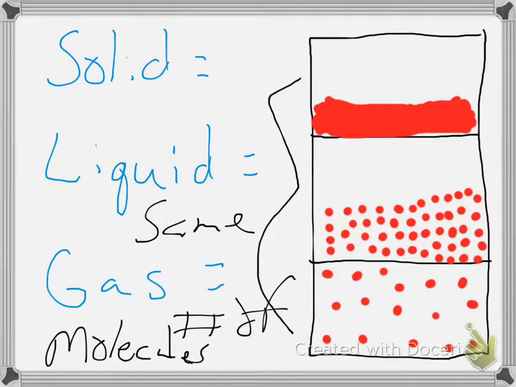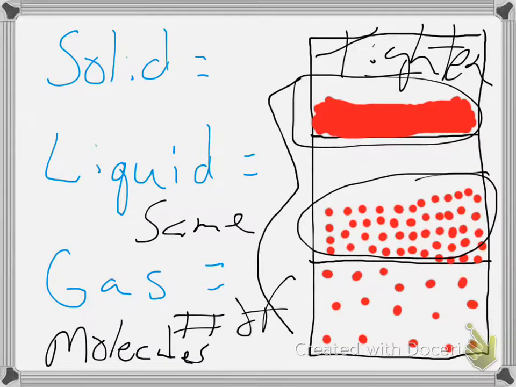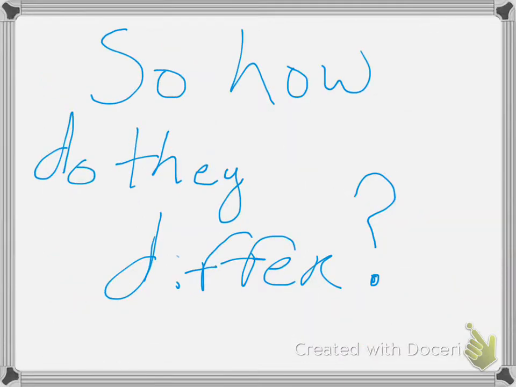Here they're tighter, so they take up less space. Here they're starting to spread out a little bit, so they take up a little bit more space. And here they take up the most space possible. But they have the exact same number of molecules in each form. So think about that. So again, how do they differ? And that's pretty much all of it.